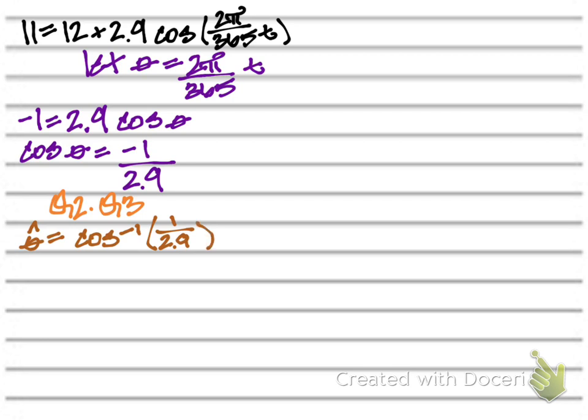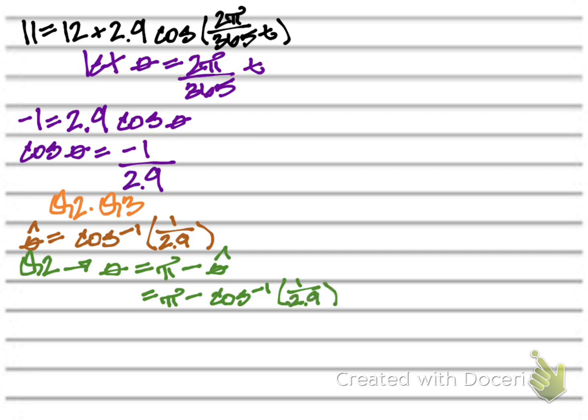So then what that means is in quadrant 2, we know that theta is pi minus theta hat, which is pi minus the inverse cosine of 1 over 2.9.